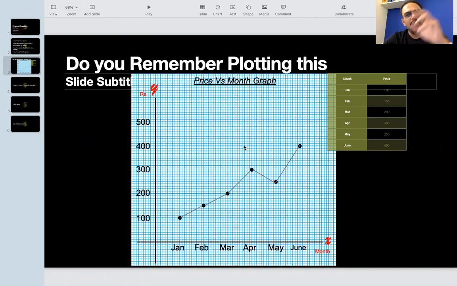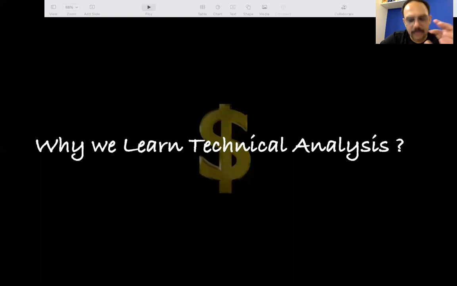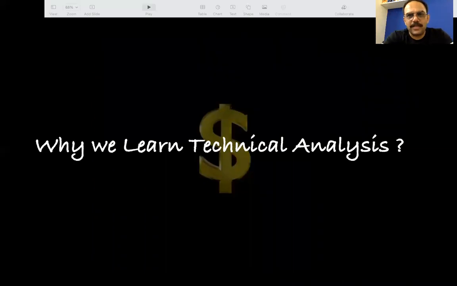First of all, we will learn how it is getting plotted. Like I said, the study of this chart is called technical analysis. We study this, we interpret this data and make decisions. Making decisions is called technical analysis.